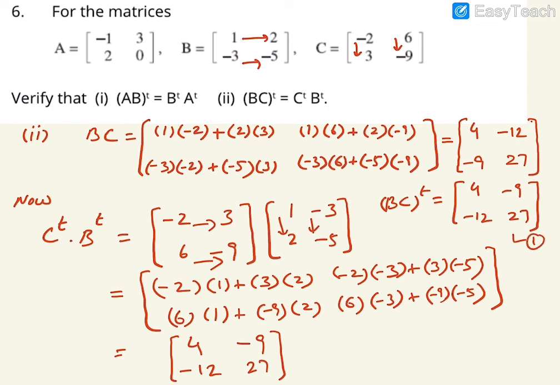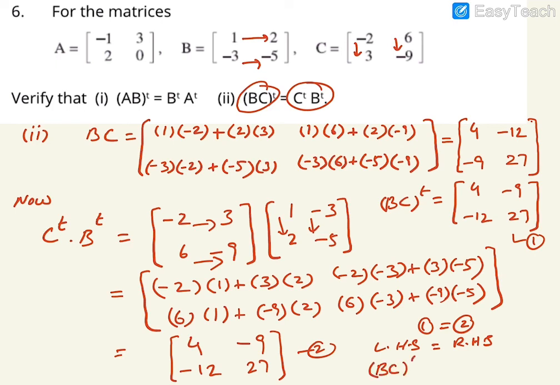You can see this is 1 and this one is 2. So 1 equals 2. Left hand side is equal to right hand side. This was the left hand side, this was the right hand side. So we have proved that (BC) whole transpose equals C transpose into B transpose. Verified.